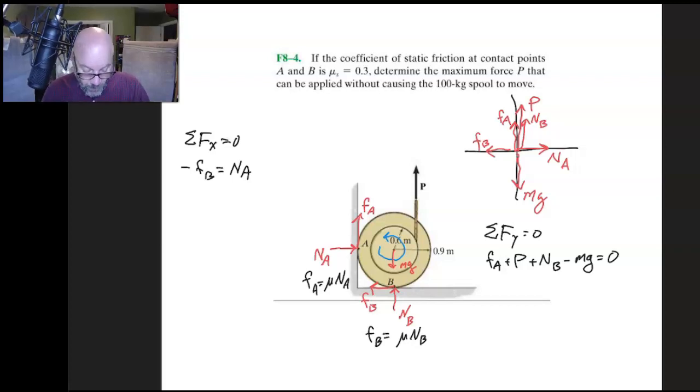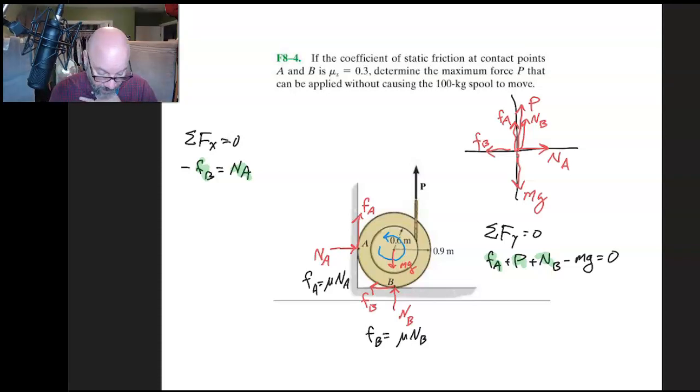Now let's think about unknowns for just a second. What do we have that are unknowns? Well, we don't know this, we don't know this. So 1, 2, 3, 4, 5. So I've got 5 unknowns, which means I'm going to need 5 relationships when I get into this.